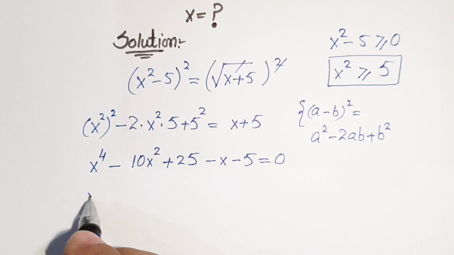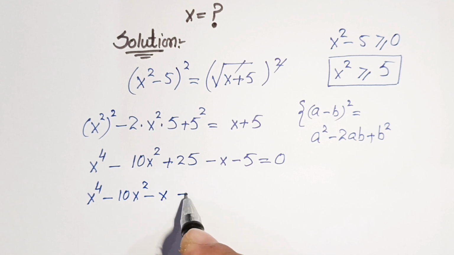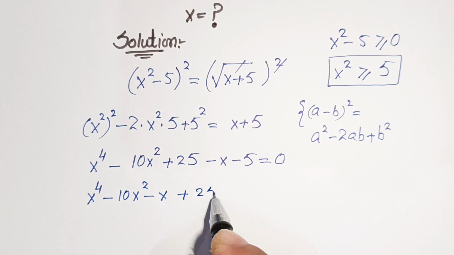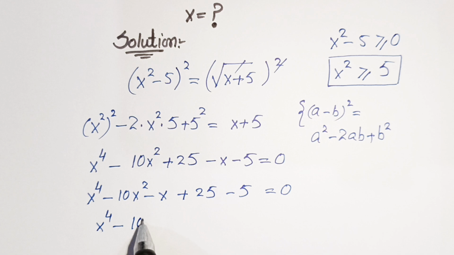Now if we rearrange that, x to the power 4, minus 10x squared, minus x, plus 25 minus 5 is equal to 0. So x to the power 4 minus 10x squared minus x plus 20 is equal to 0.